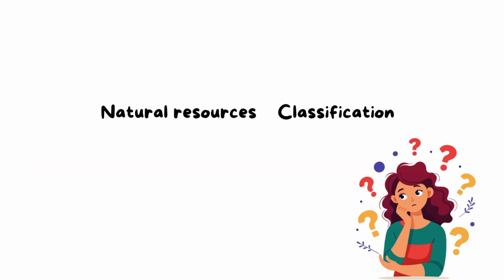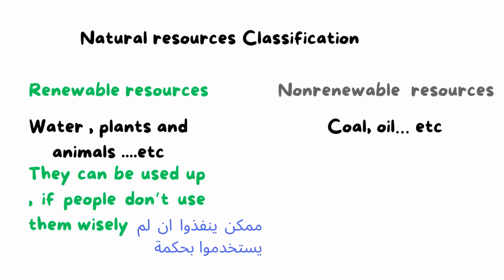Do you remember the natural resources classification? Yes, we have renewable resources and non-renewable resources. Renewable resources are like water, plants, and animals. They can be used up if people don't use them wisely.